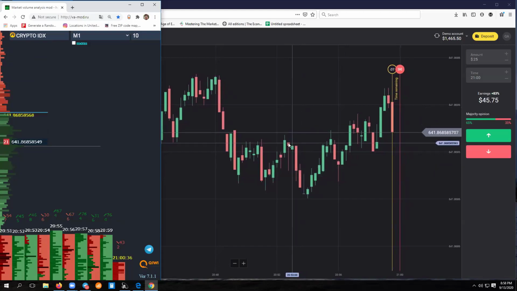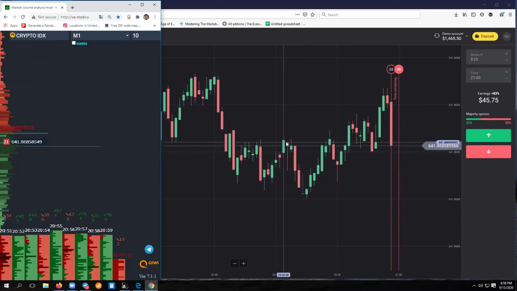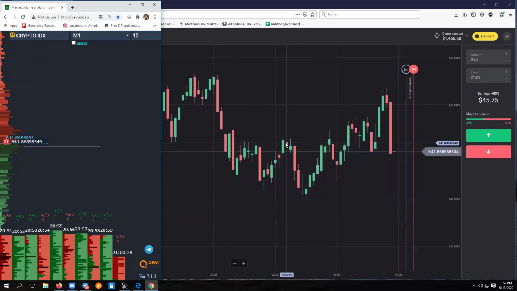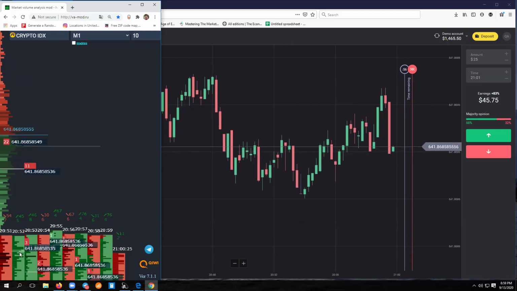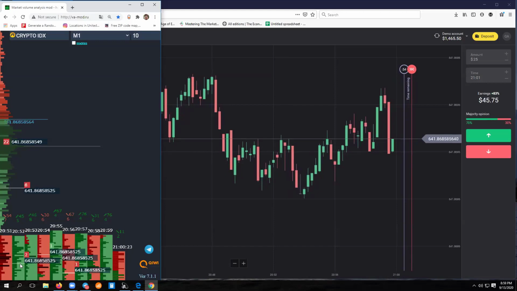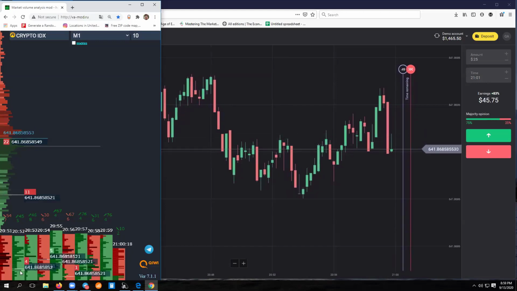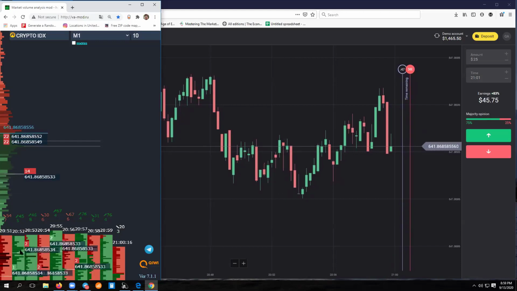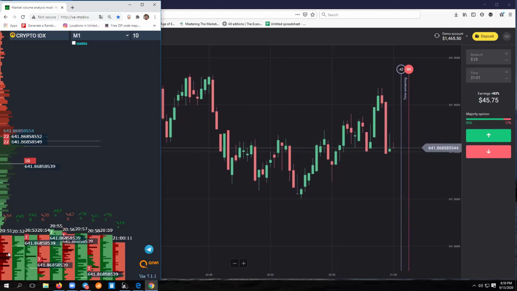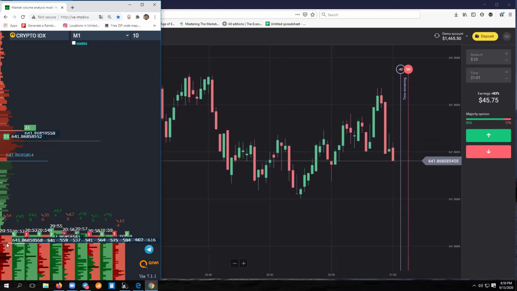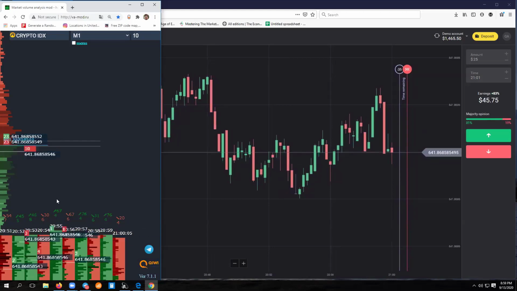We have a confirmation from here. It's the CPR bar, the level 559. Here it worked as a support resistance level, but it wasn't a proper signal.